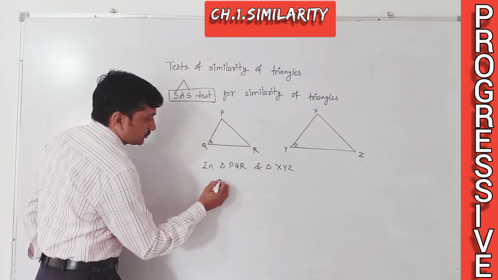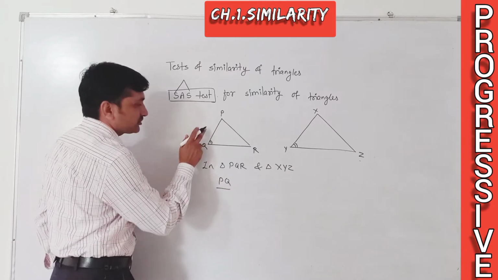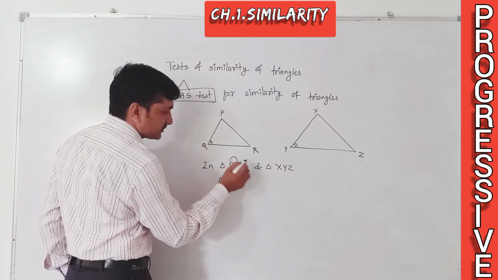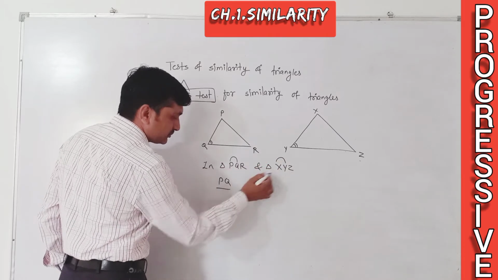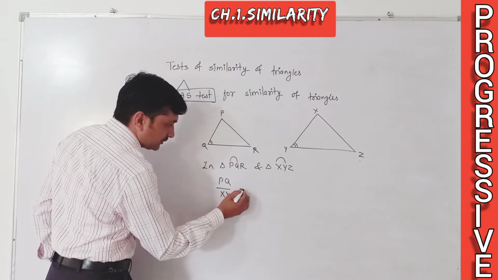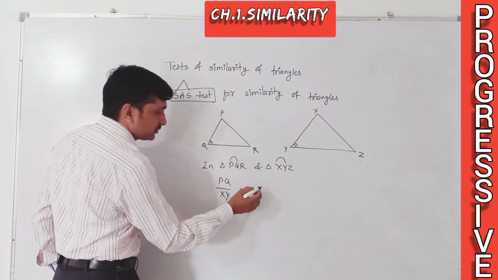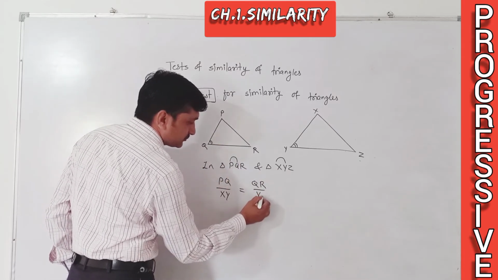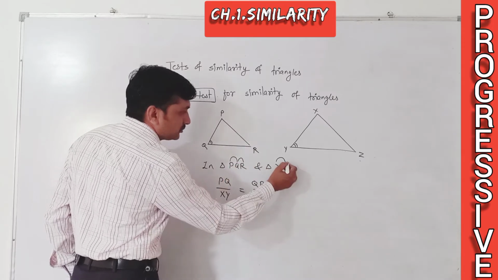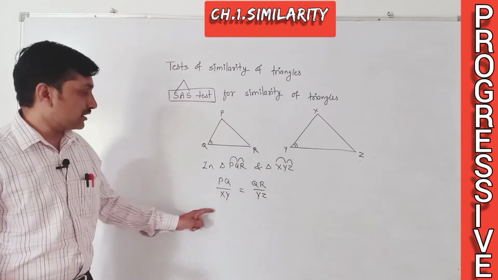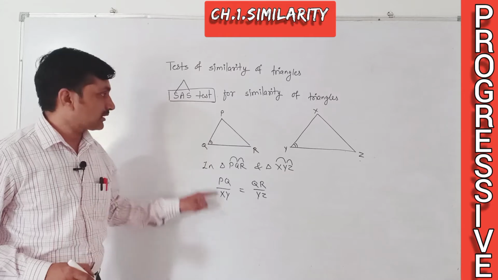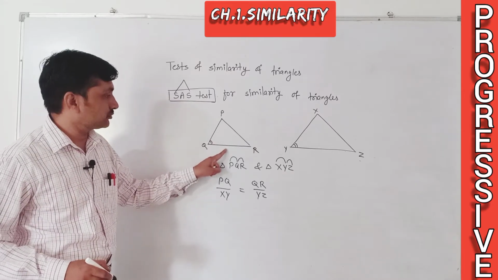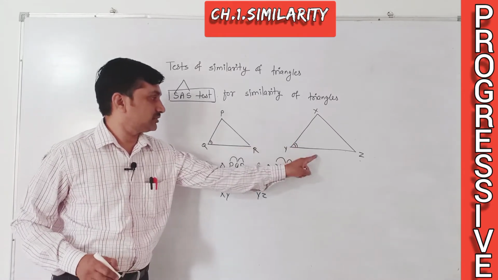Therefore, we can write PQ. What is the corresponding side of PQ? The corresponding side of PQ is XY, equal to the second corresponding side, QR. The corresponding side of QR is YZ. These are two corresponding sides.